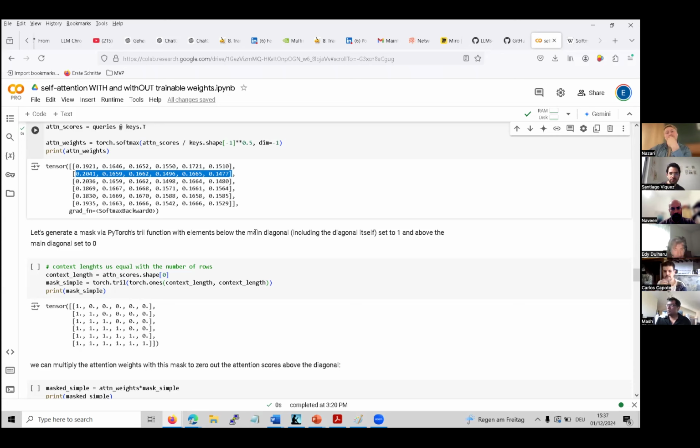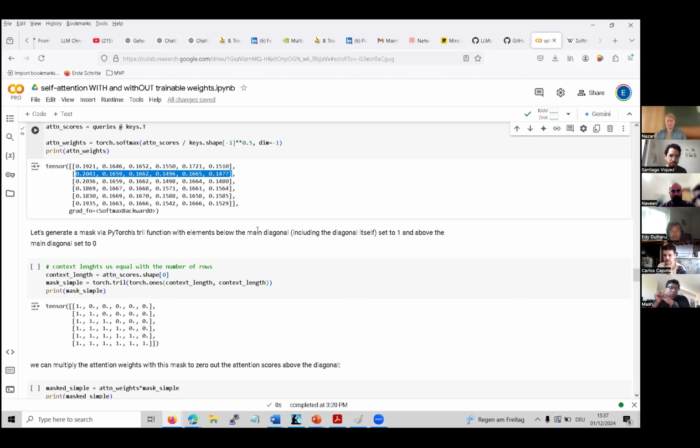Because from what I would expect, if we don't mask these attention weights, we will get maybe very good results during training, but actually pretty bad during inference, because we will be relying on them during training, but in inference we won't be able to access them. So we wouldn't have that information.